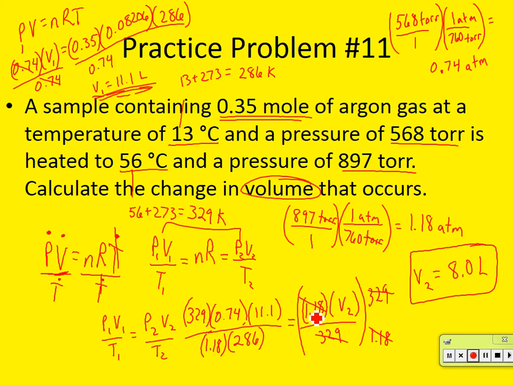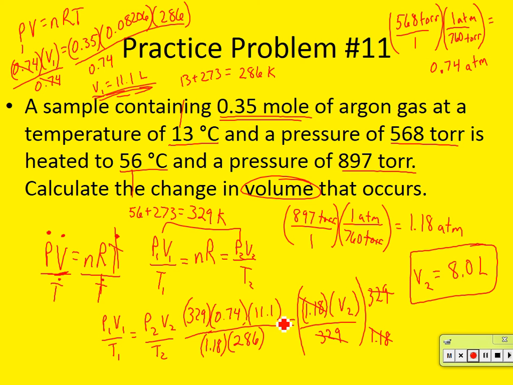So the pressure went up, which should make volume go down. Does that make sense? Our volume did go down, didn't it? Yeah, it went from 11.1 to 8. And so that's one of those ones where you're just going to have to use the equation to figure out what's happening. So, okay, good job.